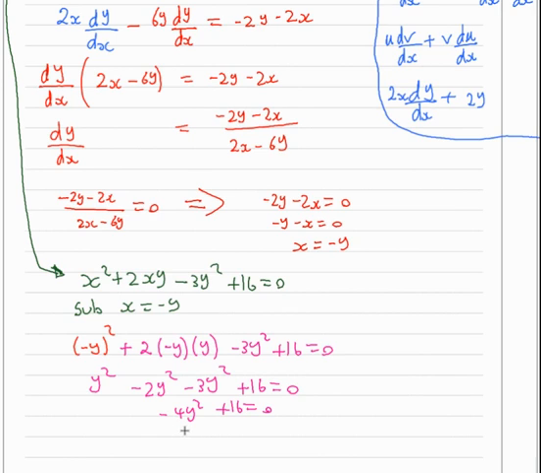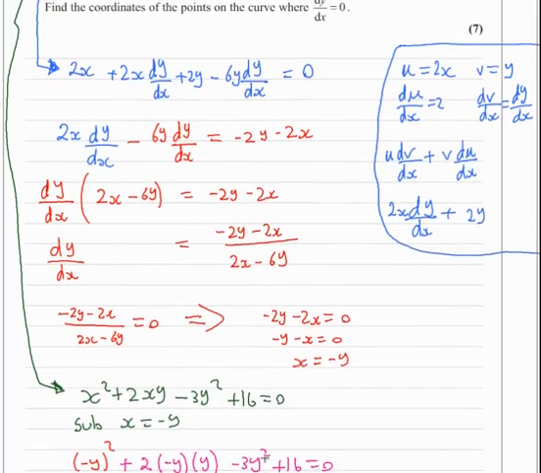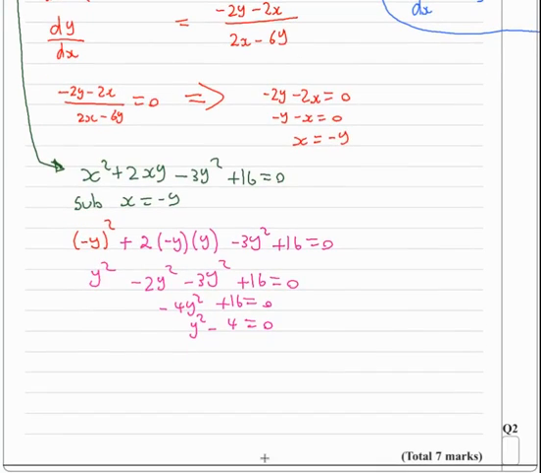Dividing through by minus 4, I get y squared minus 4 is equal to 0. So that tells me that y minus 2 times y plus 2, difference of two squares, equals 0. So therefore y equals 2 or y equals minus 2.